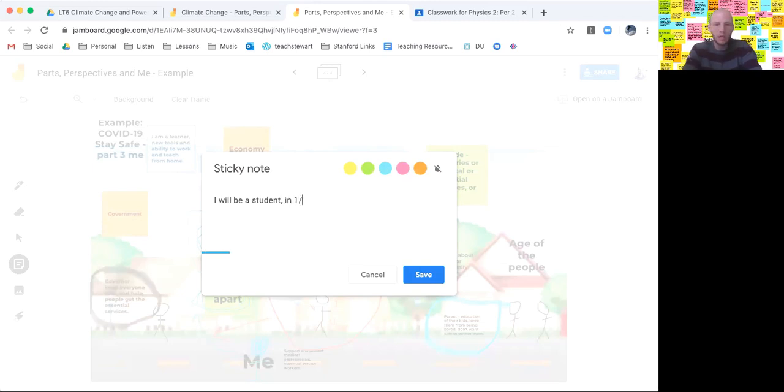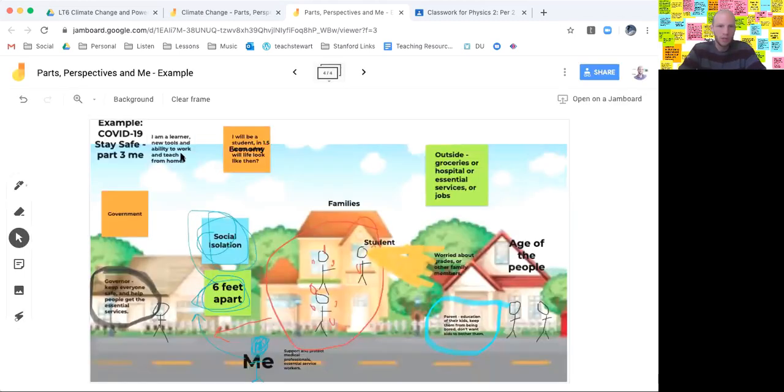So in 1.5 years, I wonder what life will look like then. Save those. So I'm going to drop those down here next to me. So I've added a couple details about my perspective and some feelings or thoughts.